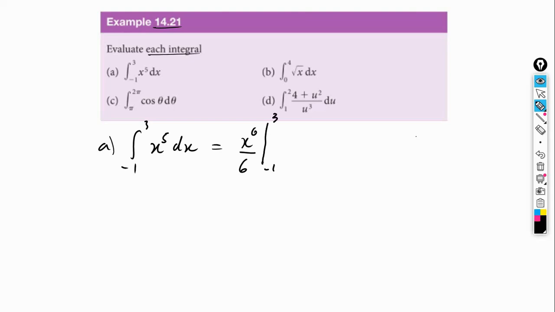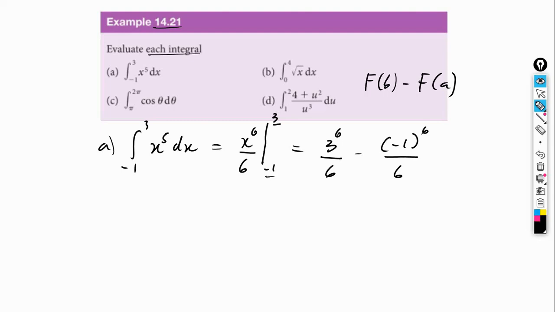And then we have to do the part of, remember, F of b minus F of a. So that's going to be here 3 to the 6 over 6 minus -1 to the 6 over 6. So notice that I'm just plugging in 3 and then subtracting and then plugging in -1. So if we do the math here, this is simply going to give us 364 over 3.